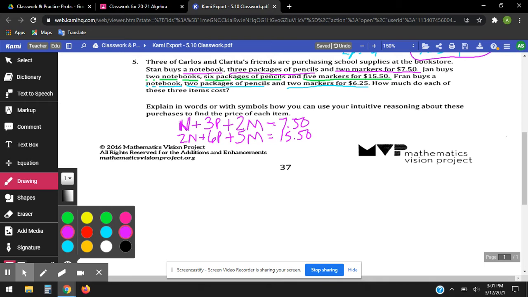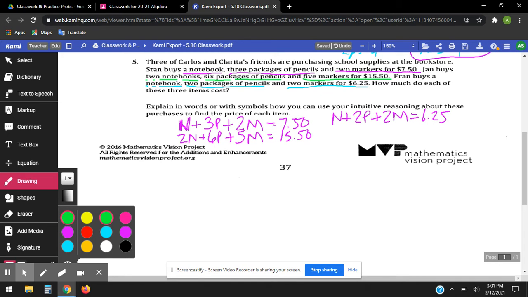Then our last one was 1 notebook plus 2 packages of pencils and 2 markers for $6.25. Now, one thing I'm noticing is I have 3 variables, which means I really need to eliminate 2 of them, right? So I can solve for 1.